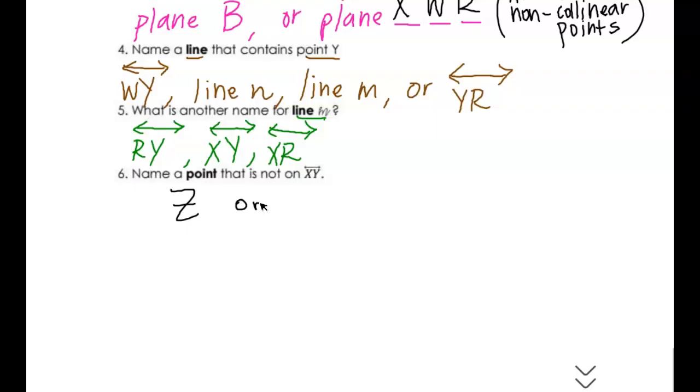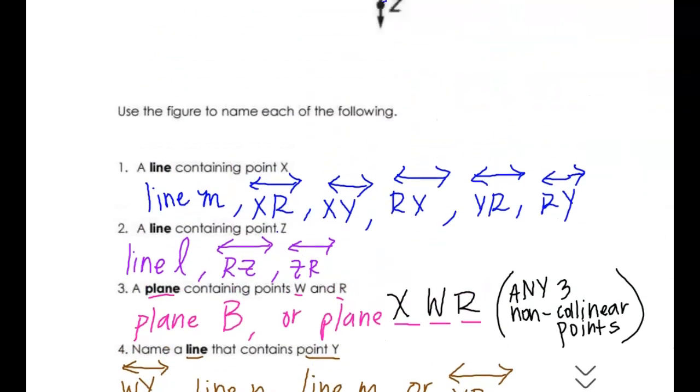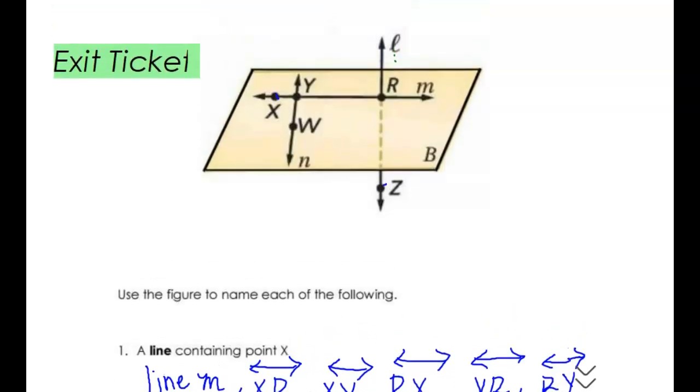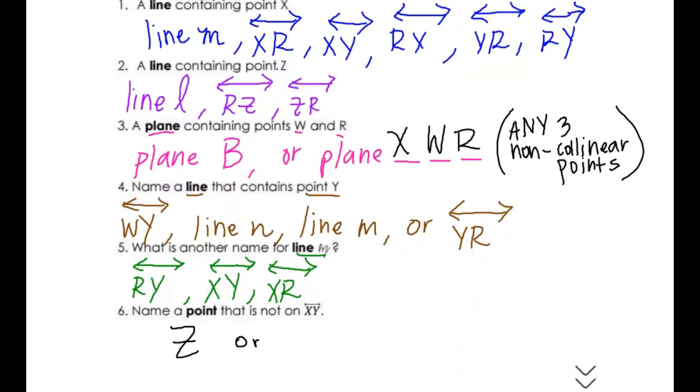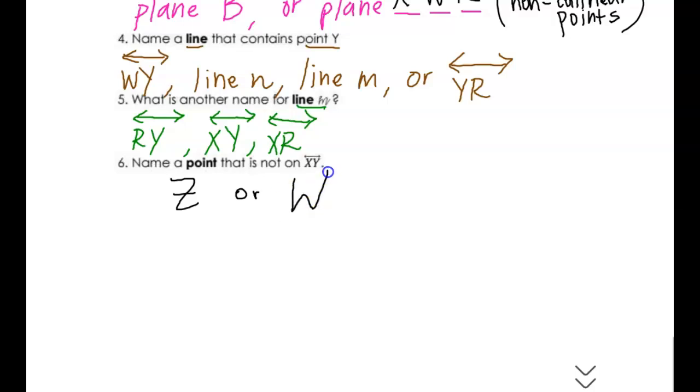R? Yeah. So XY is this line. She already said Z. What's another one? W, thank you. Z or W. Okay? Alright. I'm gonna post the video if you need to rewatch it.